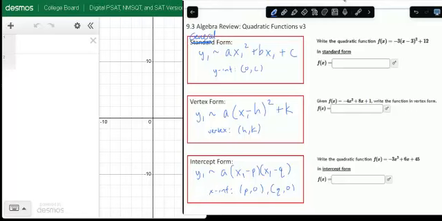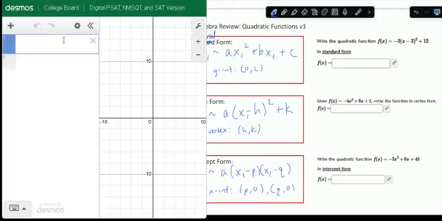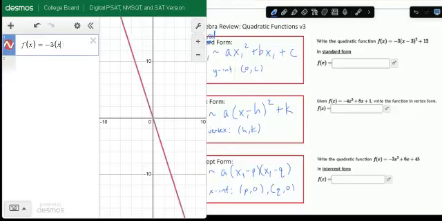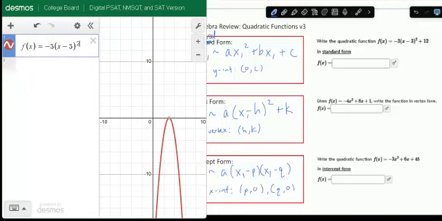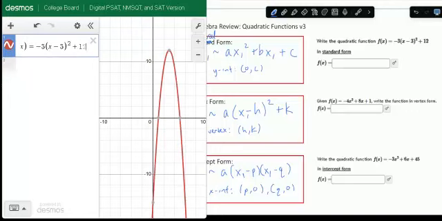If you use Desmos, you can simply type the equation in. So we're going to type this function, f of x, notice you can use function notation in this, is equal to negative 3 times the quantity x minus 3 squared, all plus 12. Notice I entered this in vertex form because that's the form that it was given to me.